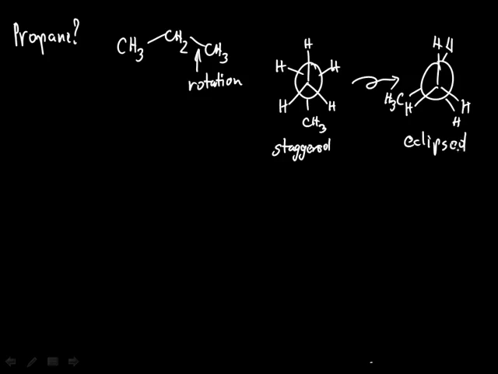Now, the graph will have the same shape as the one for ethane. However, the difference in energy between the eclipsed and staggered conformation should be different, because while before we had the HH repulsion, now we have the CH3-H repulsion, and one would expect that CH3 is a larger group, so things are getting more crowded there than with a single hydrogen.